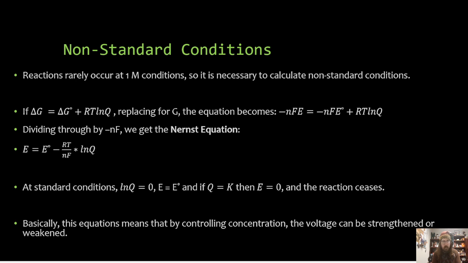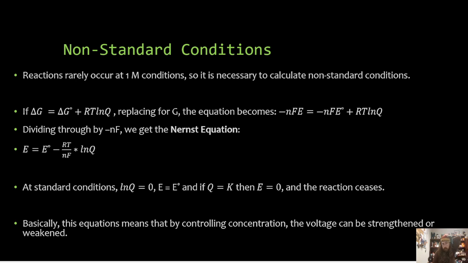So at standard conditions, the E non-standard is essentially the E standard. And when Q equals K, those are the rare conditions where the E non-standard approaches 0, because as the battery discharges, the cell potential will trickle off and die and go to 0.